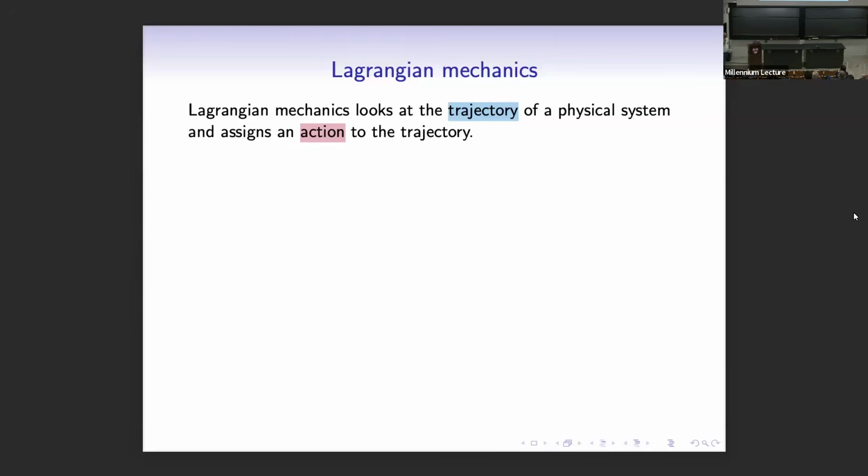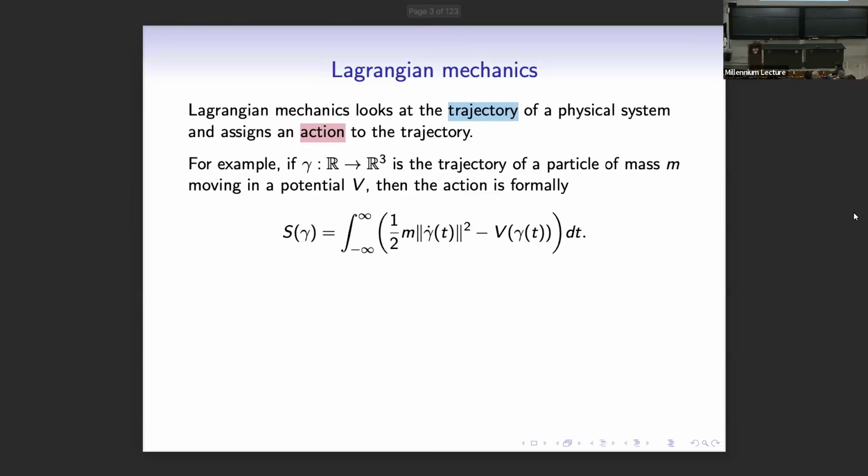What is Lagrangian mechanics? You look at the trajectory of a physical system, and an action is assigned to a trajectory. So for example, if you have a single particle of mass m moving in a potential V through time, the trajectory is a map from R to R^3.